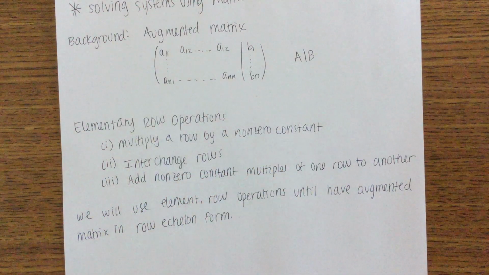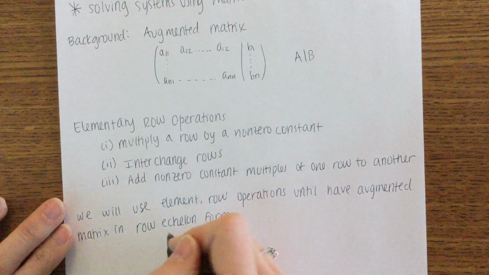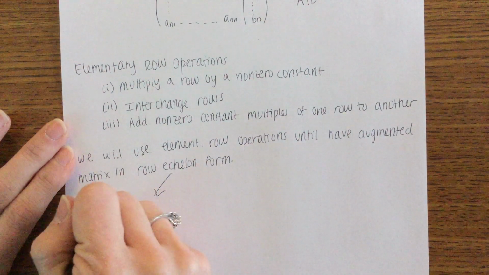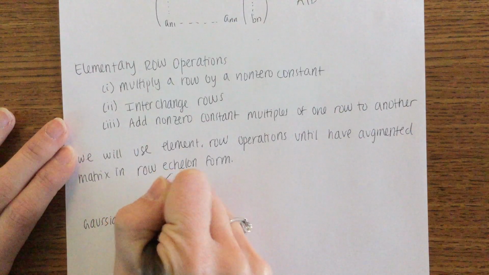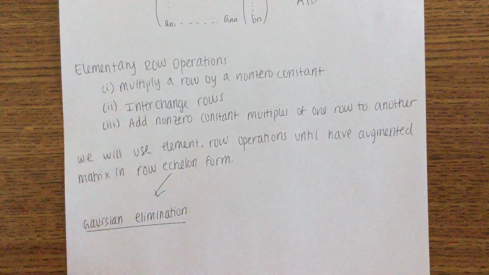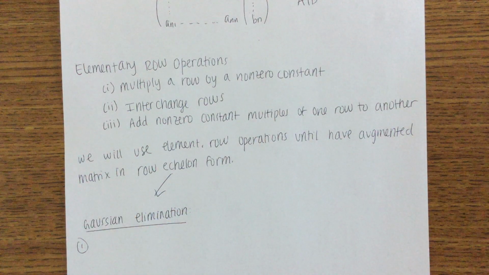This is not the same as reduced row echelon form. Row echelon form. To get there, we're going to use Gaussian elimination. Gaussian elimination is going to get us to row echelon form.